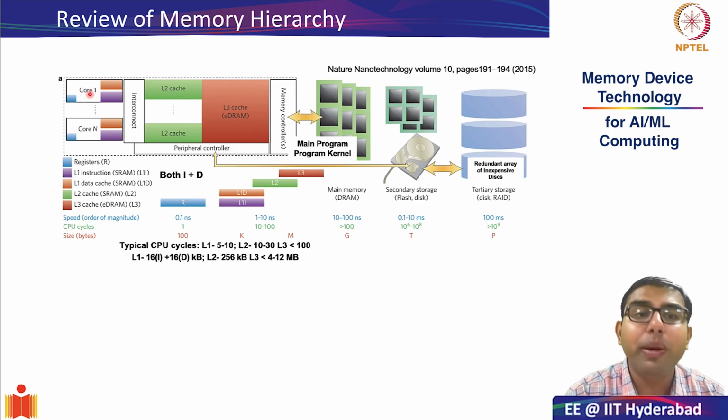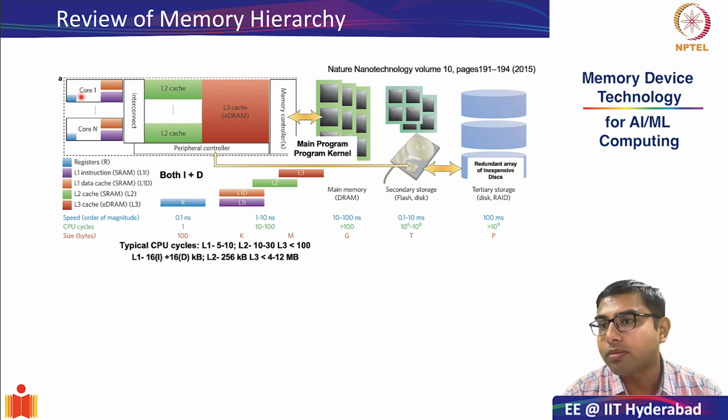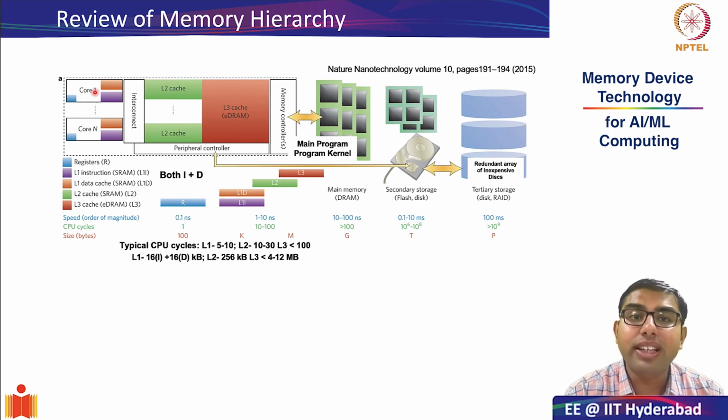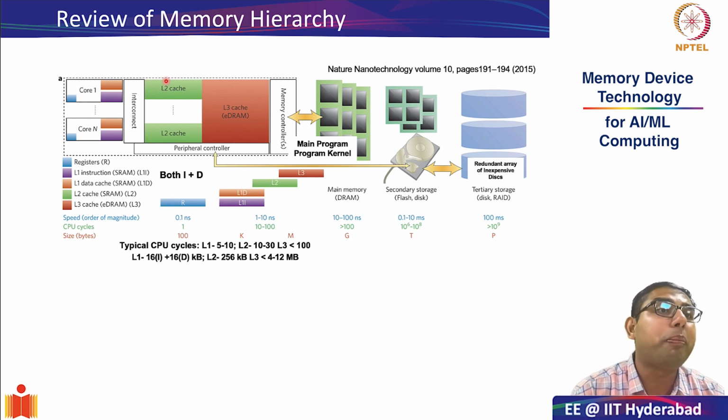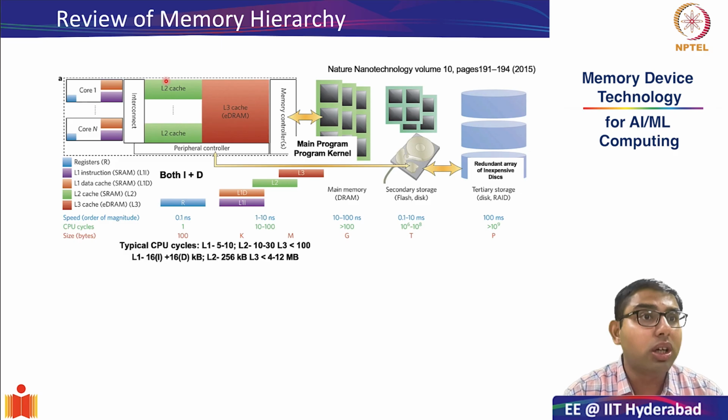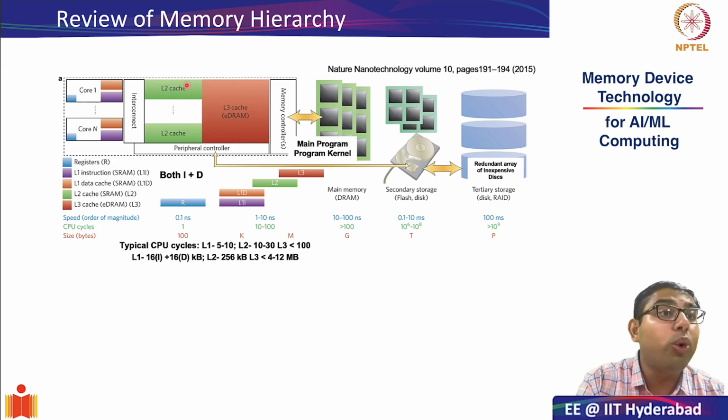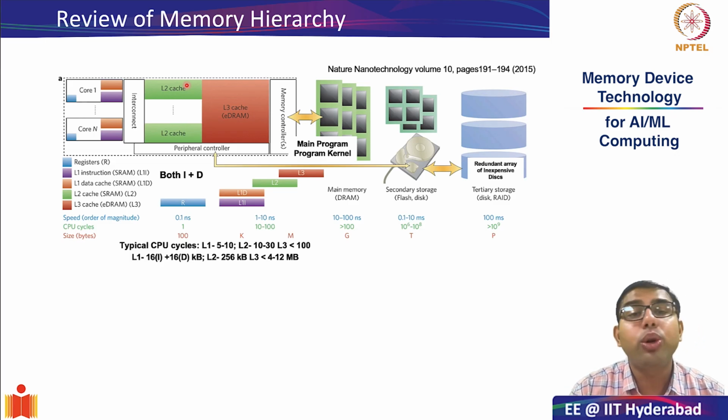So as many cores as there are, generally the same number of L2 caches are allotted, one to each core. The interesting thing about L2 caches is that the necessity for pipelining is not that important here. So there is no distinction between L2 instruction and data caches. L2 caches can hold both instructions and data.